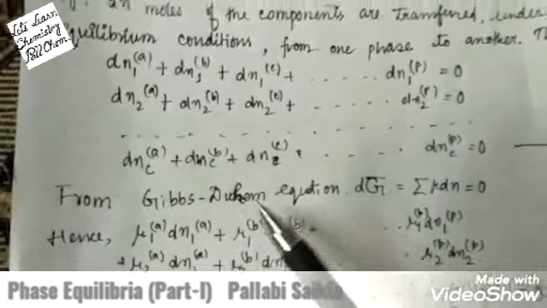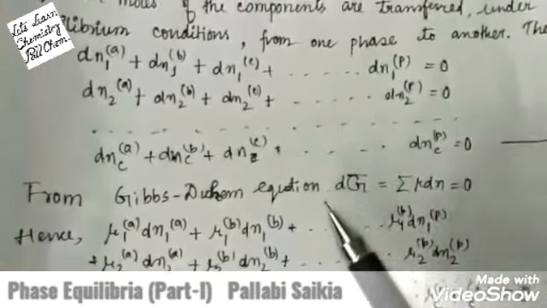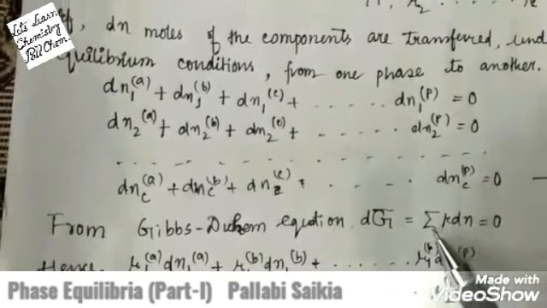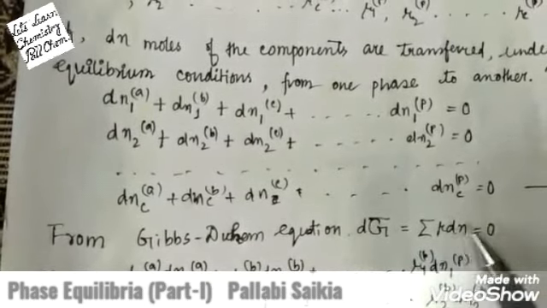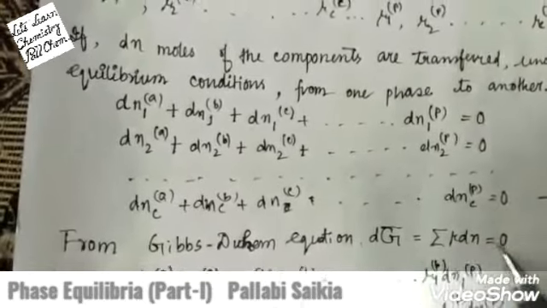Now from the Gibbs-Duhem equation, it is a thermodynamic equation that the Gibbs free energy change is equal to the summation of the multiplication of the chemical potential and the change in the number of moles, and it is equal to 0.